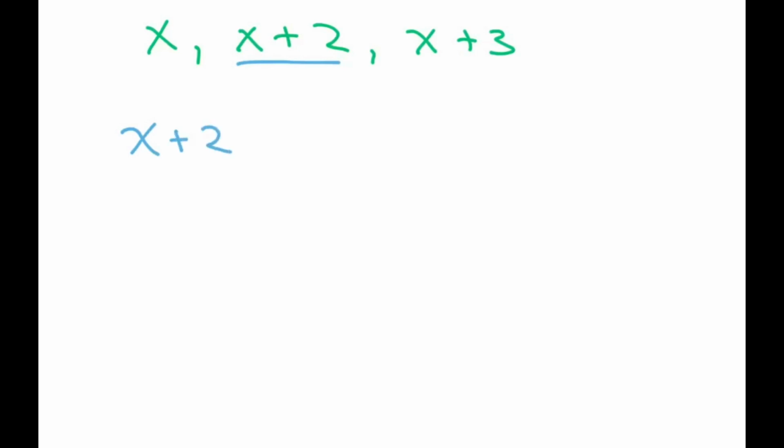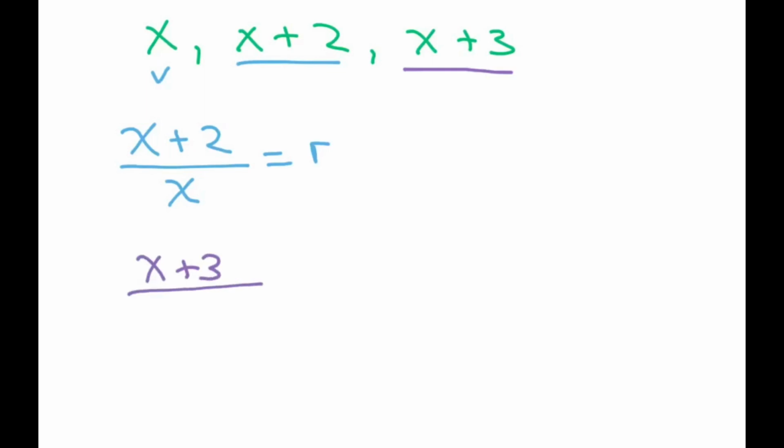So we've got x, x plus 2, and x plus 3. I'm going to take my current term and divide it by my previous term. That's your common ratio. And I'm going to do this one as well: my current term, divided by my previous term, which is x plus 2, and that gives me r.